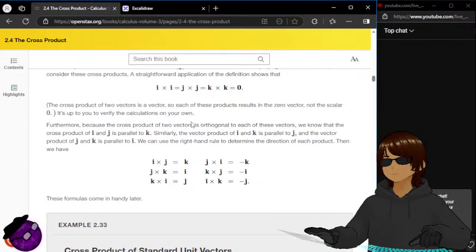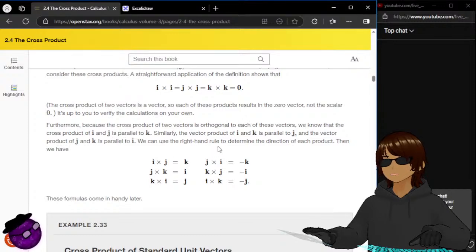Because the cross product of two vectors is orthogonal to each of these vectors, we know that the cross product of i and j is parallel to k. Similarly, the vector product of i and k is parallel to j, and the vector product of j and k is parallel to i.